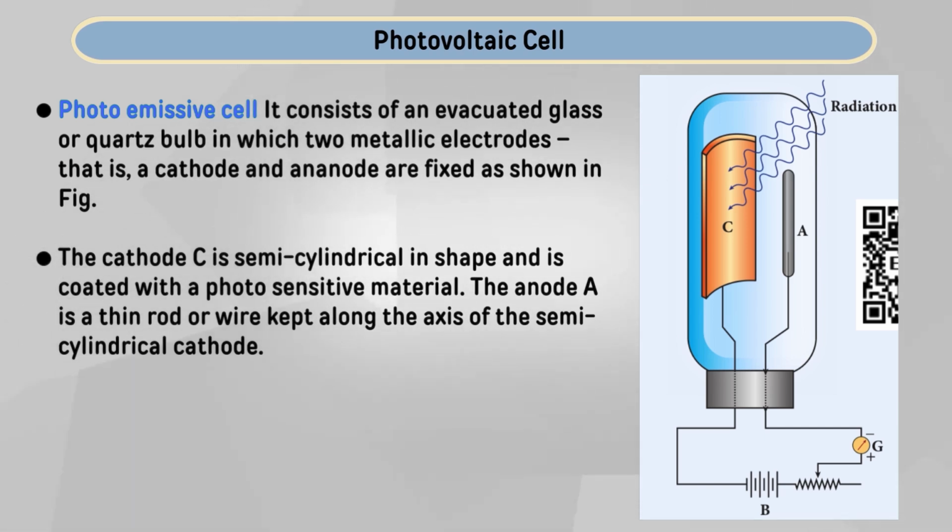So, this coating is done to fabricate a cathode material which can easily emit electrons. The anode A is a thin rod or wire kept along the axis of the semi-cylindrical cathode, at the center of that semicircle.